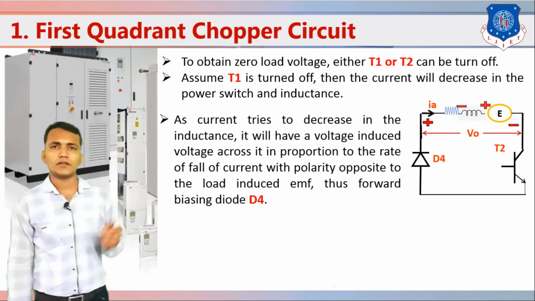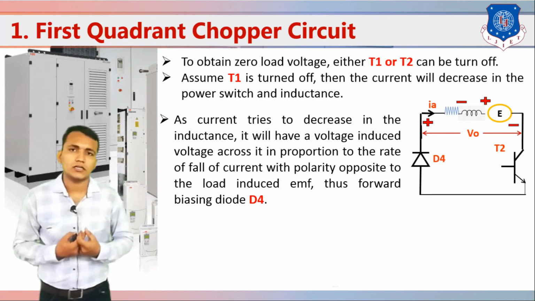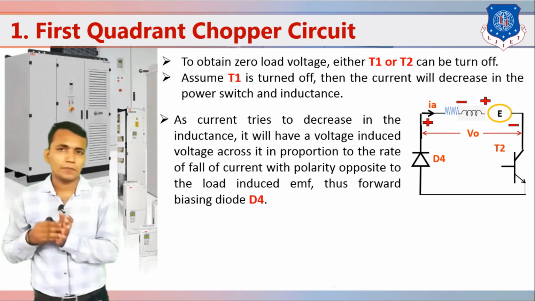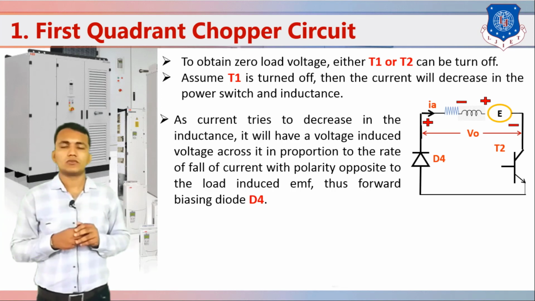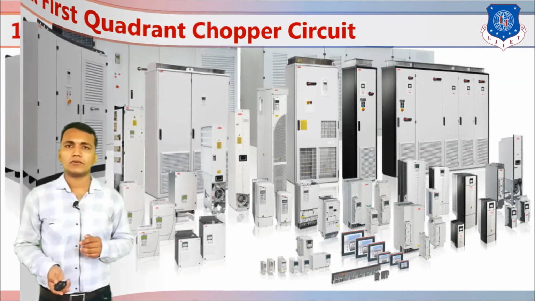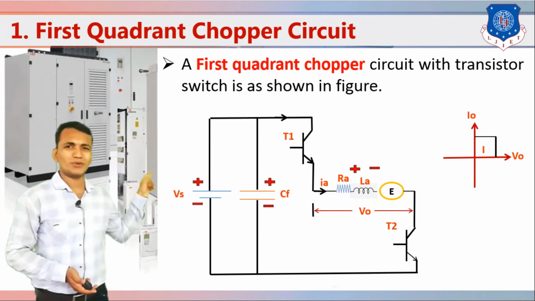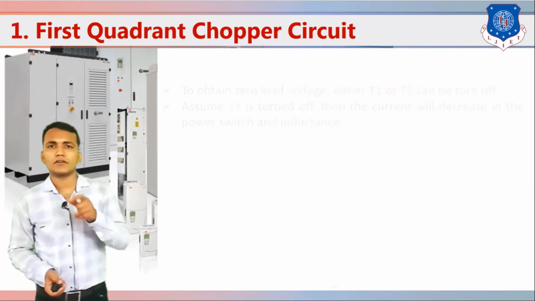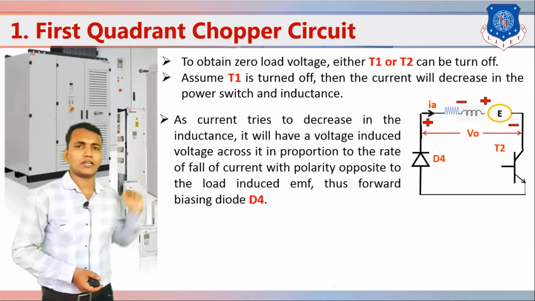In this figure you can see, we know the property of the inductor: whenever the current is cut, it changes its polarity. In the previous figure the polarity here was positive and negative, but in this figure the polarity is reversed, negative and positive.